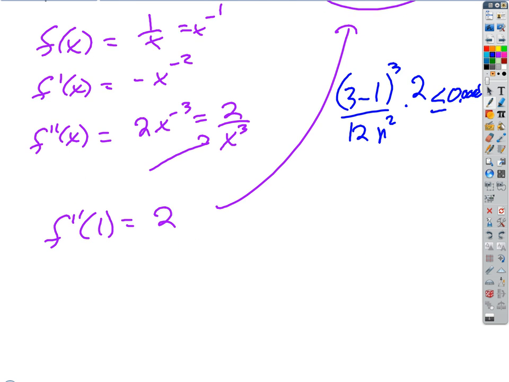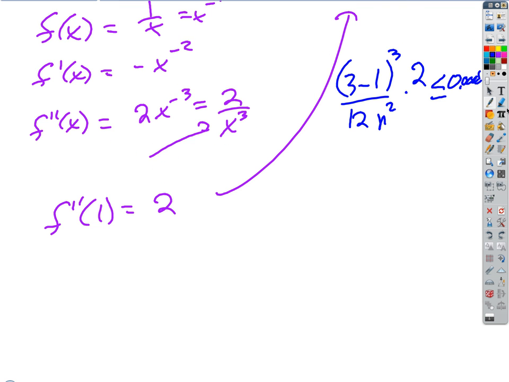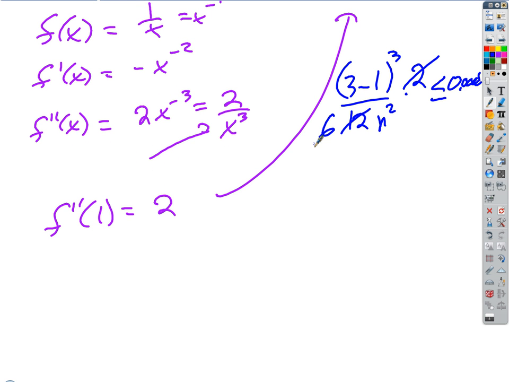We can simplify that. That's just 2 over 12 makes that a 6. That's just 8, right? 8 over 6 is 4 over 3. So this whole thing just becomes 4 over 3n squared is less than or equal to that.